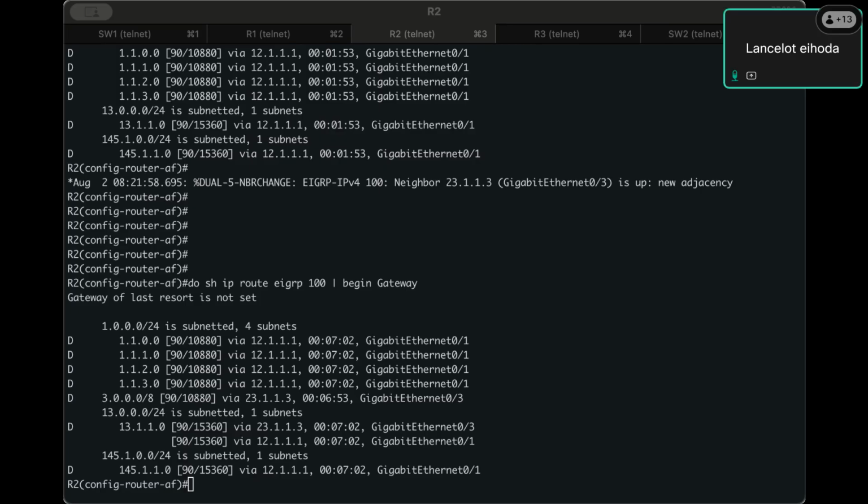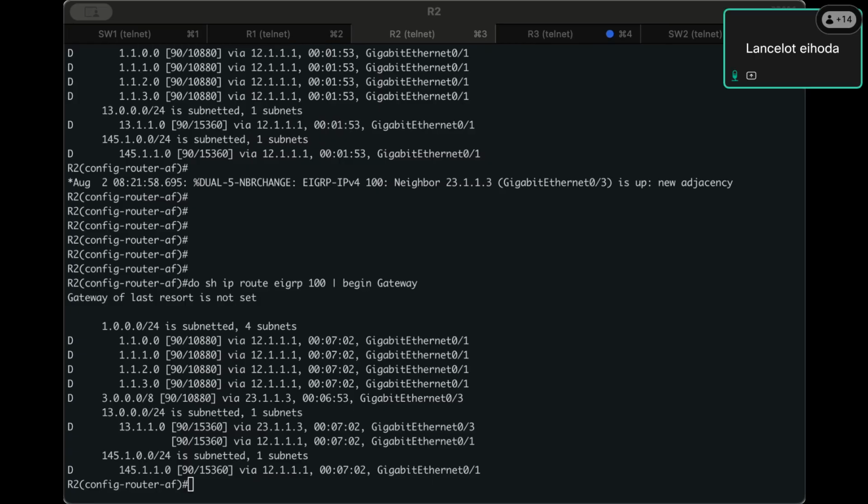I particularly like to pair with neighbor statements on the interfaces and then use unicast. That means if there is any other router listening on that segment, it will not hear the traffic, because it is only sending to this particular neighbor.